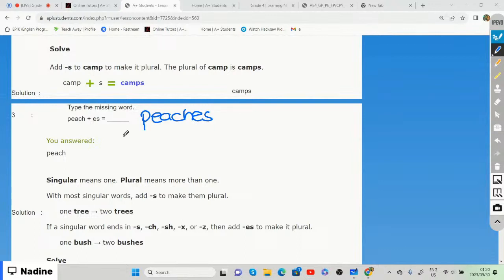And then we added an es to make the word plural. So peaches. Remember we said that if the word ends in s, ch, sh, x, or z, then we add an es to make it plural. So peaches.